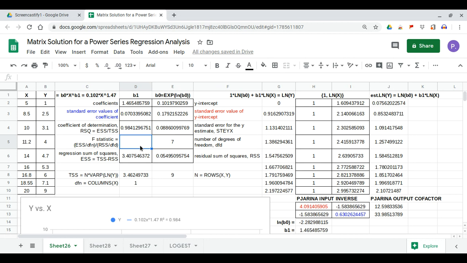Next, we calculate the F statistic, which is equal to the regression sum of squares divided by the degrees of freedom of the numerator, all over the residual sum of squares divided by the degrees of freedom of the denominator. So this completes our matrix solution for power series.